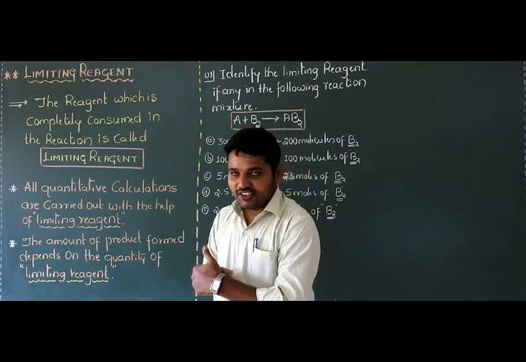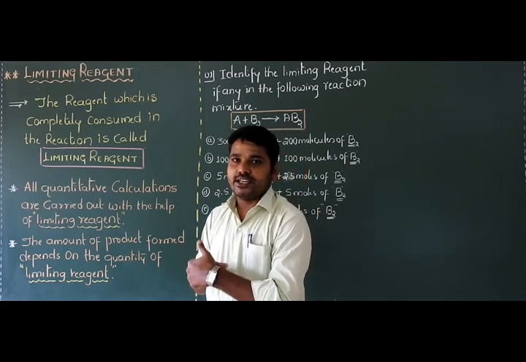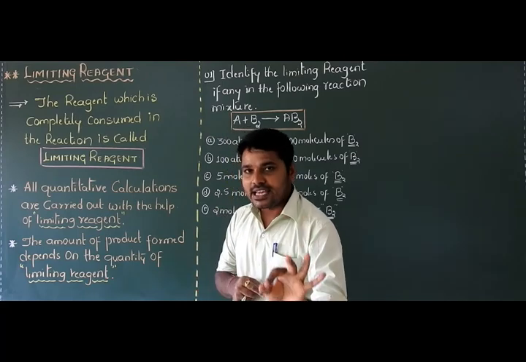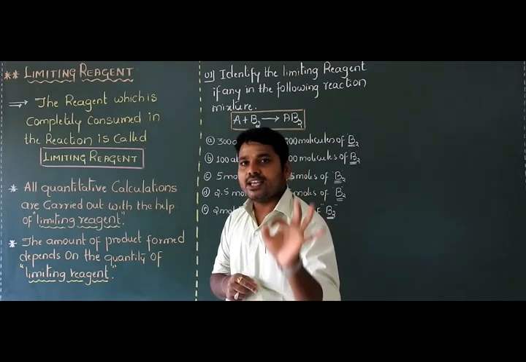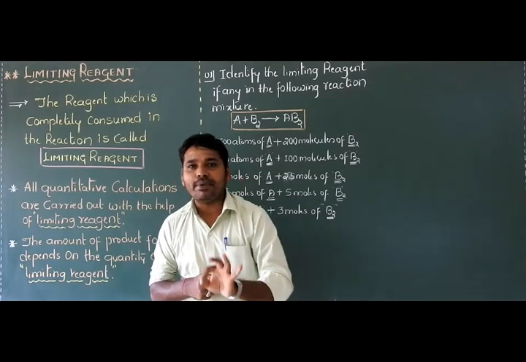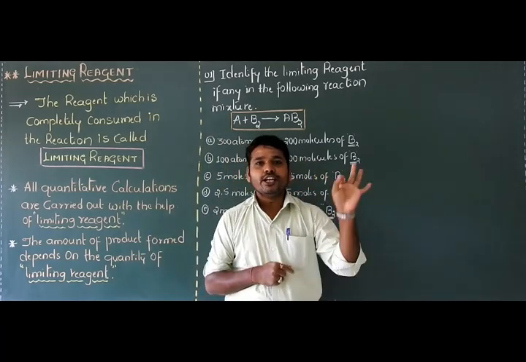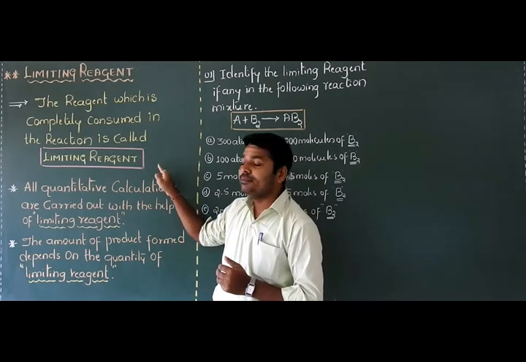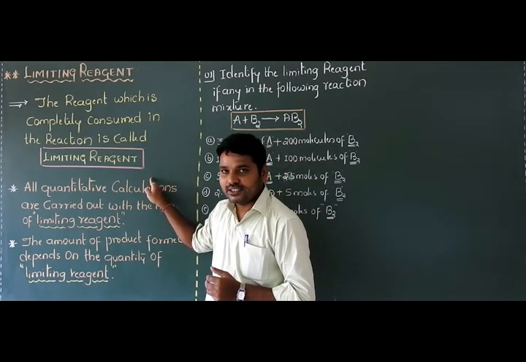Listen to the definition of limiting reagent, students. What is a limiting reagent here? In a chemical reaction, the substance which is completely consumed during the chemical reaction is called the limiting reagent.